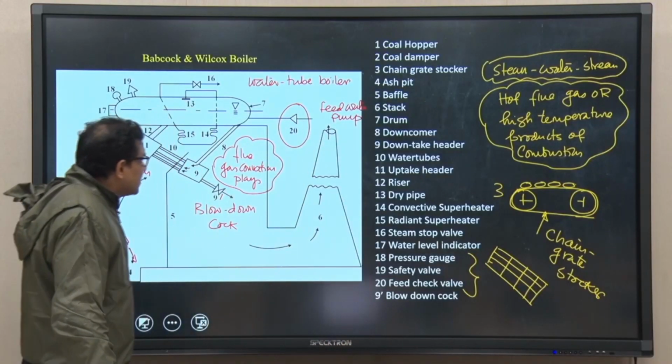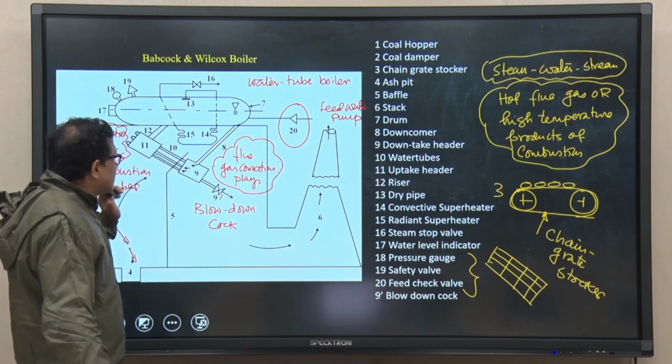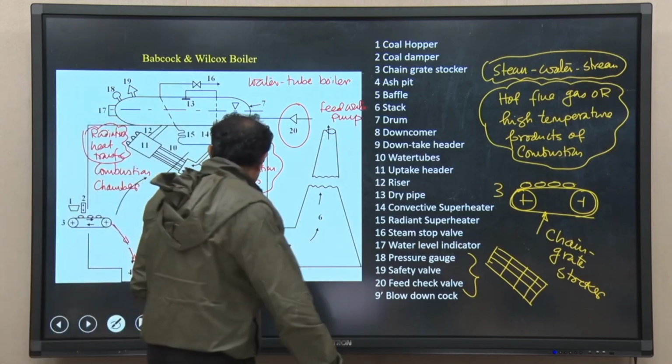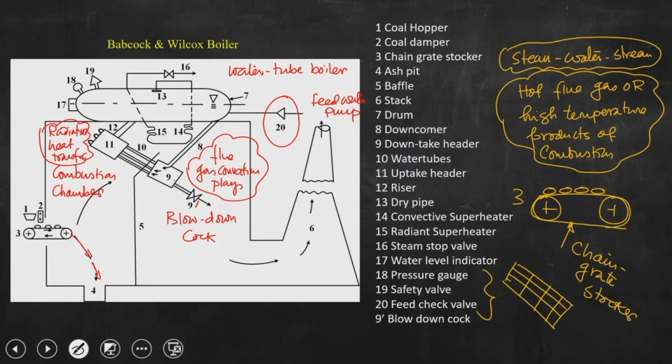So, if we summarize, there is the steam water cycle. If I write, 7, 8, 9, 10, 11, 12, that is the steam water cycle. And what else?